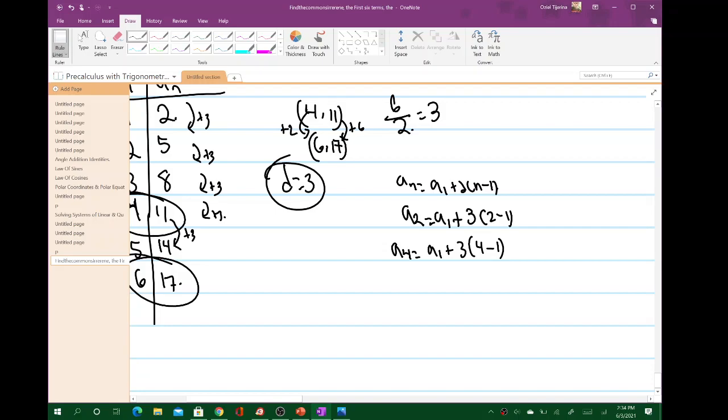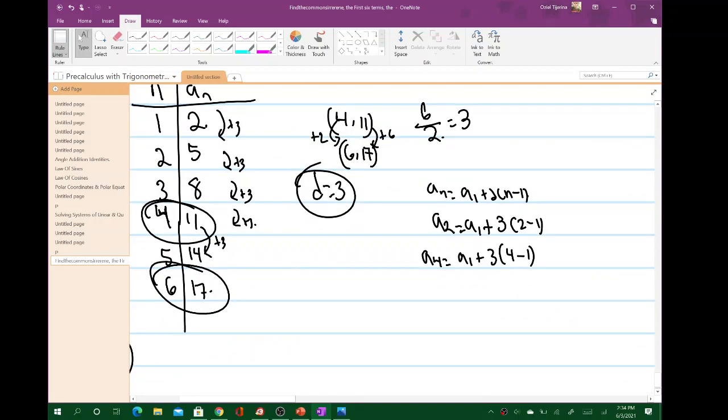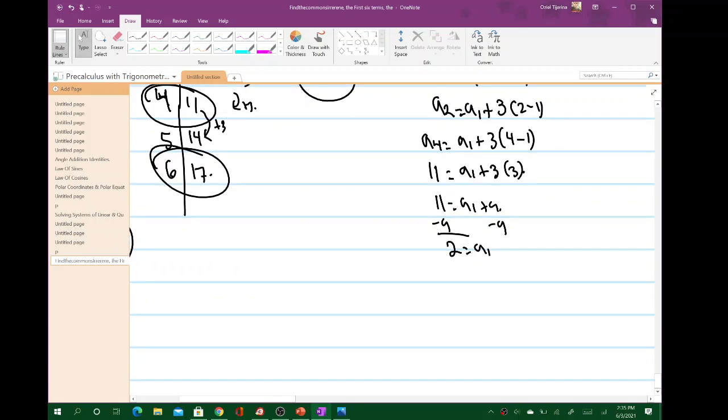So you can say a sub 4 equals 11 equals a sub 1 plus 3 times 3. This is equal to 11 equals a sub 1 plus 9. If you subtract 9 on both sides, you get that 2 equals a sub 1. So that means that when n equals 1, a sub n equals 2.